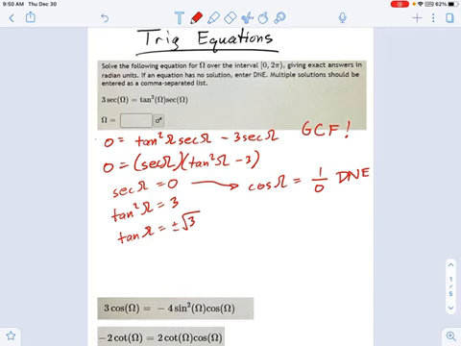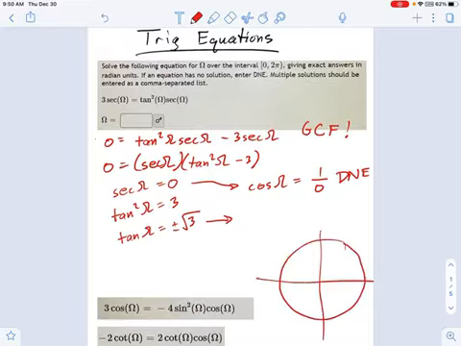All we have left is the tangent one. Tangent of omega equals plus or minus radical 3. If you remember the unit circle, the tangents at radical 3 are up here, those high points very high up on the edge. And the minus signs are in quadrants 2 and 4. So these are the angles we're looking at on our unit circle.